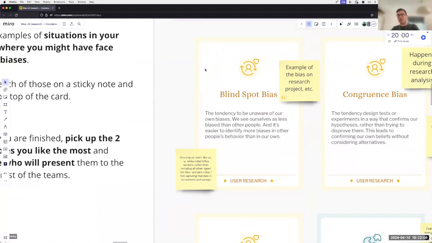When I first joined, we realized that we were focusing too much on people like us, so office workers, white collar workers, and we assumed that all our users' needs, motivations, and behaviors were pretty much aligned with ours, instead of also with those of blue collar or pink collar workers.